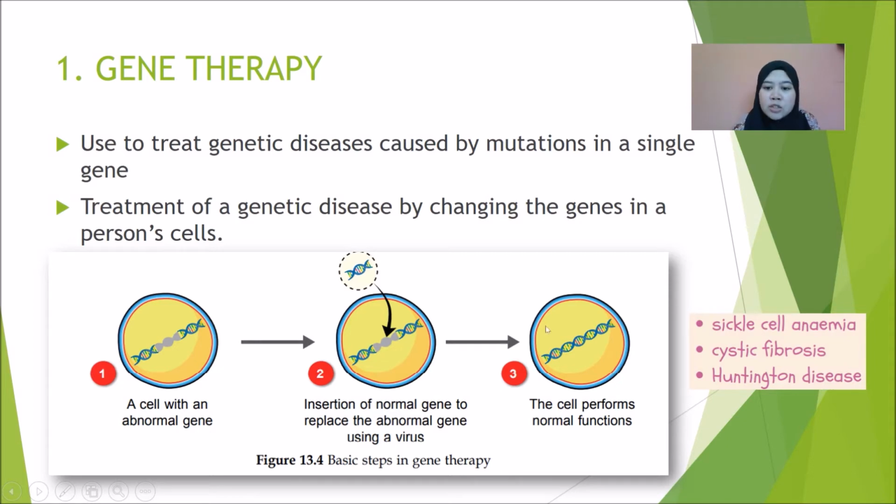And as the result, the cell of the patient will perform a normal function and produce a red blood cell which has a biconcave shape, not a sickle cell shape. Okay, so this is the application of gene therapy.